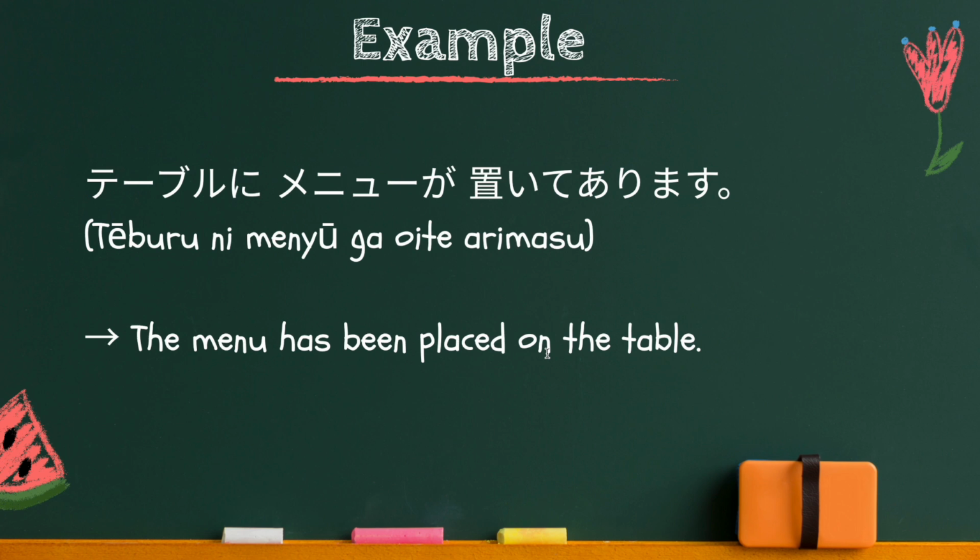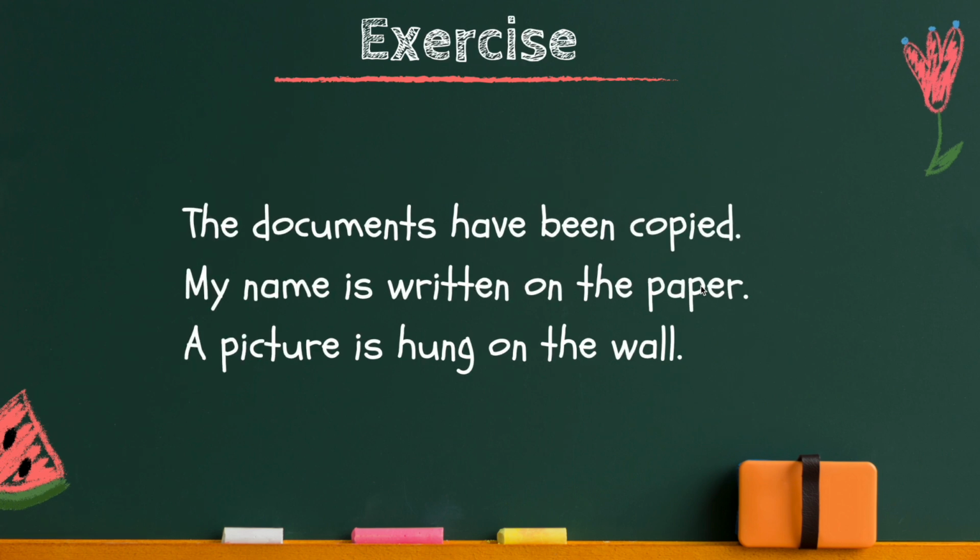The focus is on the result, on the object, not the action. Therefore, object, が particle and then て form plus あります。Now, I'd like you to do this exercise. Stop the video and translate the sentences. When you are ready, please come back.